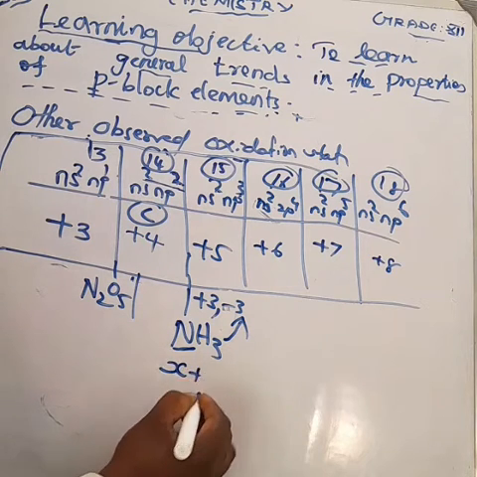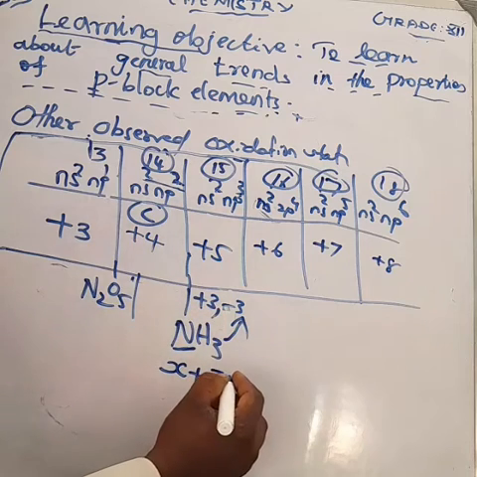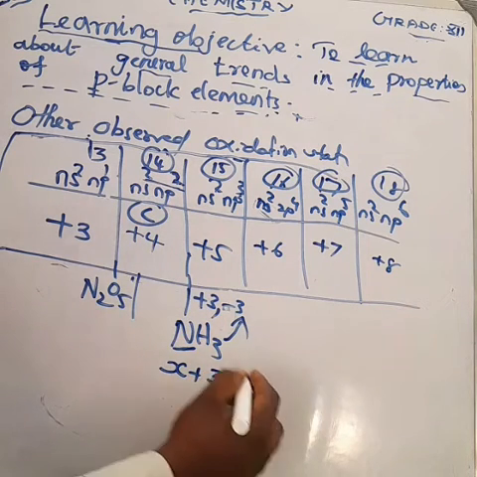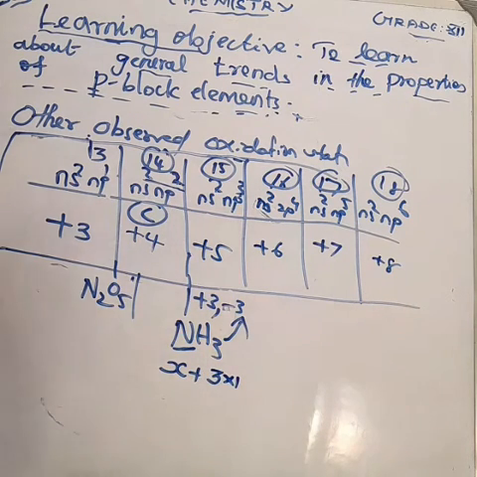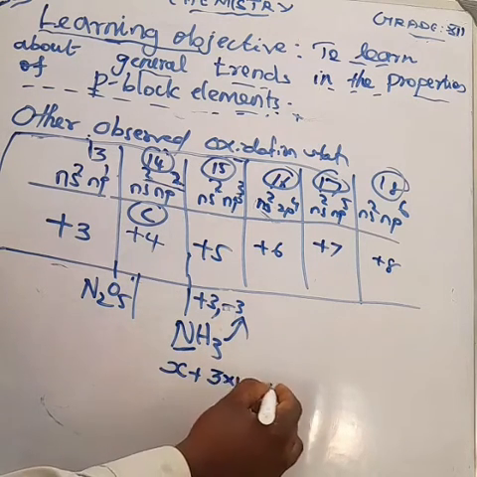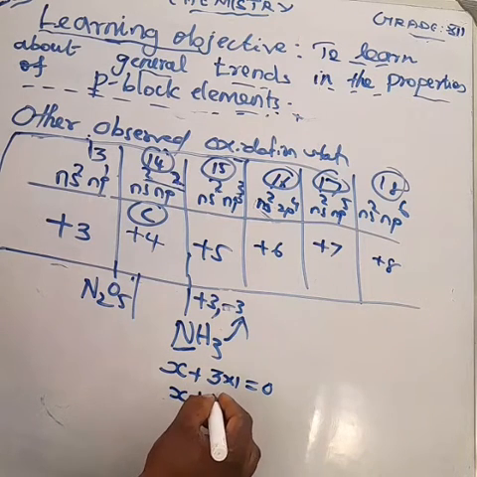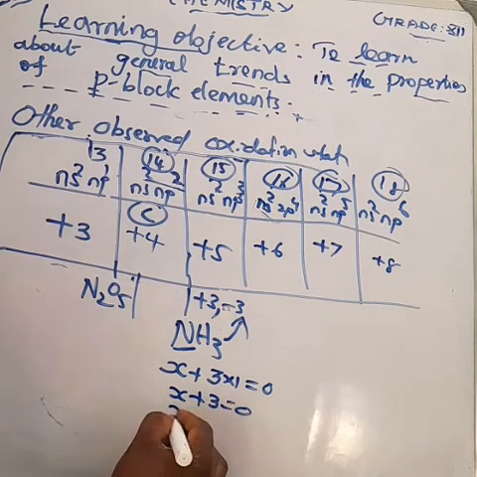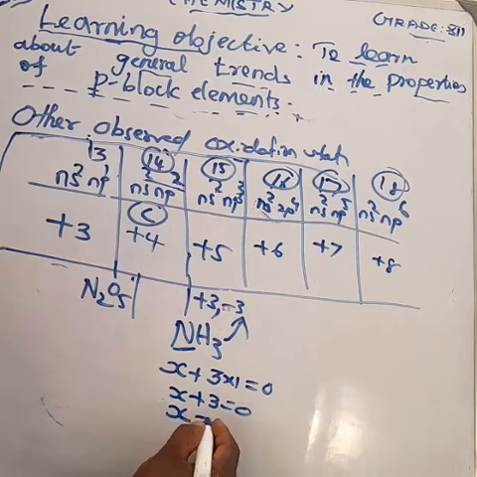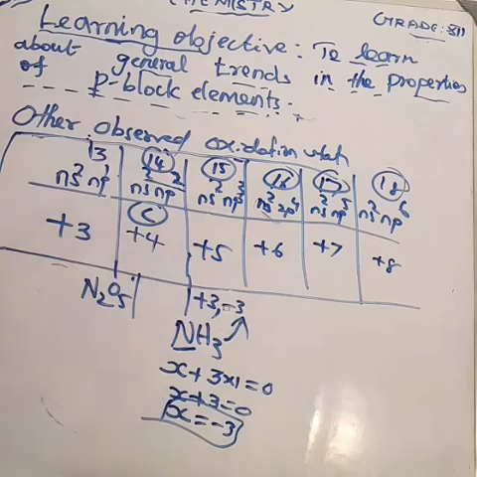So nitrogen I am taking X plus, how much hydrogen is there? 3 hydrogen. What is hydrogen value? Plus 1 value. Am I right? All alkali metals have plus 1 value. So X plus 3 into plus 1 equals 0, X plus 3 equals 0, X is equal to minus 3. So we get minus 3.